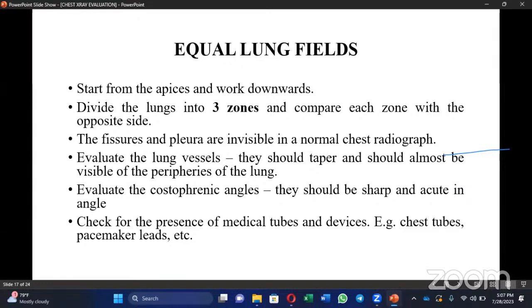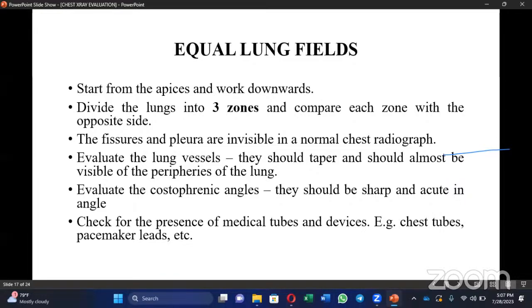Then also we look out for the costophrenic angles. So the costophrenic angles, just as I said, are formed by the diaphragm and then the lateral chest wall. They should always be sharp, and the angle formed should be acute. It means that the angle is less than 90 degrees, okay?